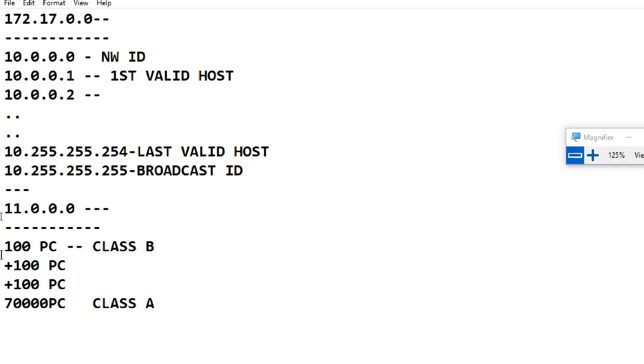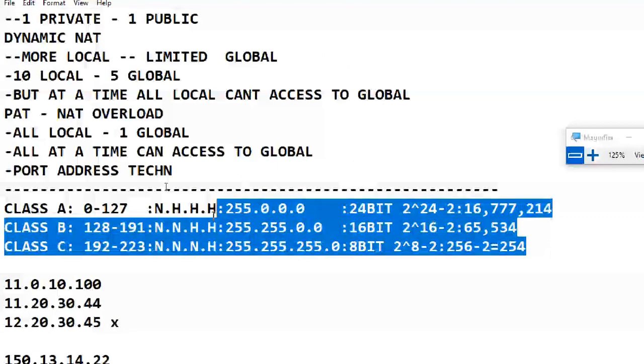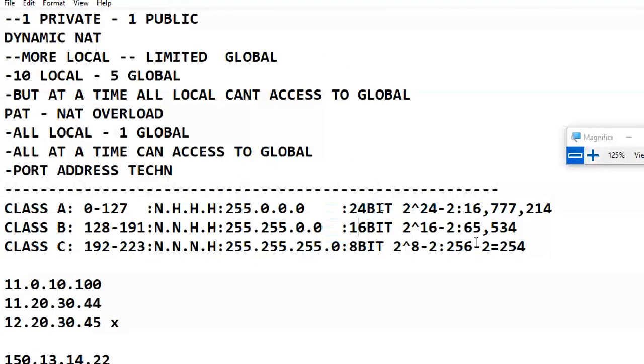For 100 PCs or less than 250 PCs, we choose class C. If more PCs are added, more than 254, we go to class B. Depending on the number of hosts in the network, we go to the classes. So we should understand the number of hosts for a network, the network portion and the host portion.